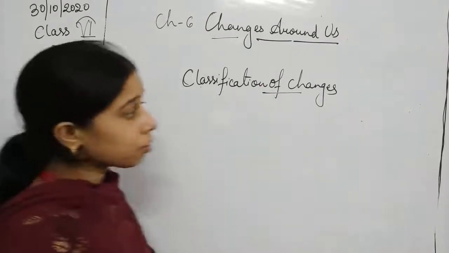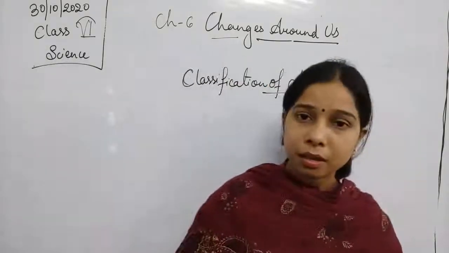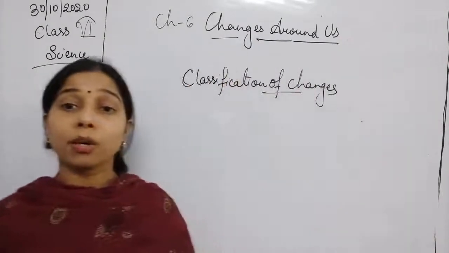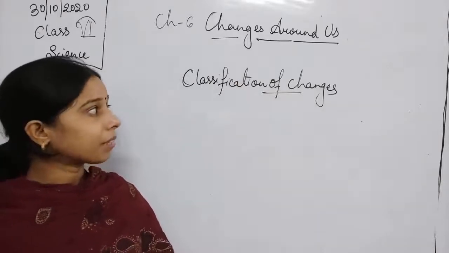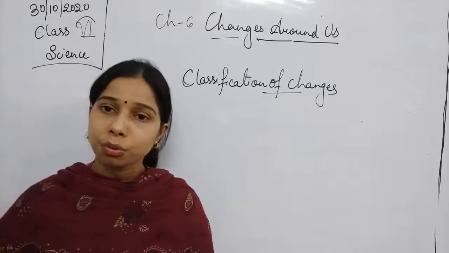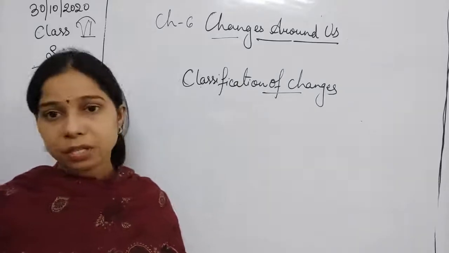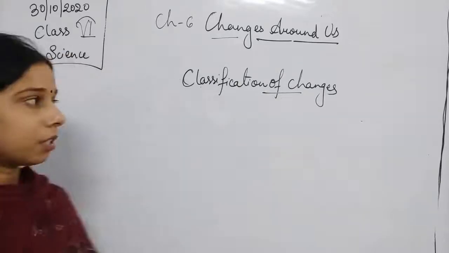There are some changes, students, which can be reversed, and there are some changes which cannot be reversed. On that basis, we have classified the changes into two: reversible changes and irreversible changes.